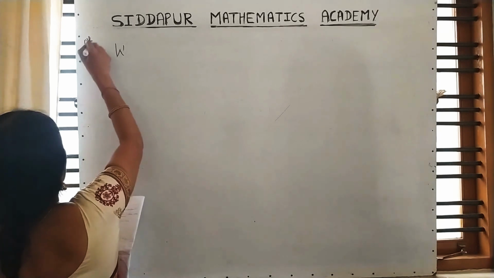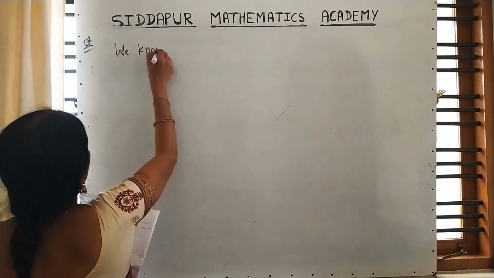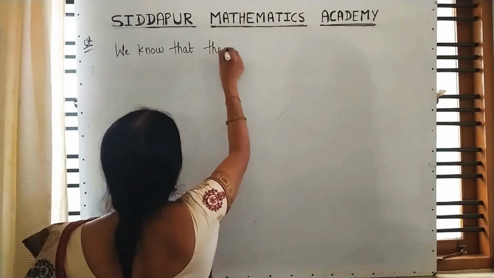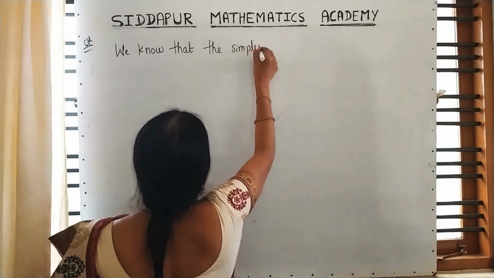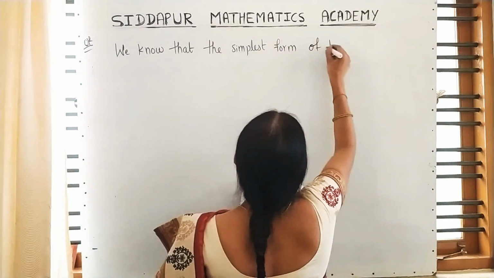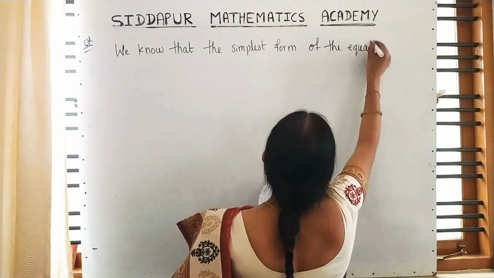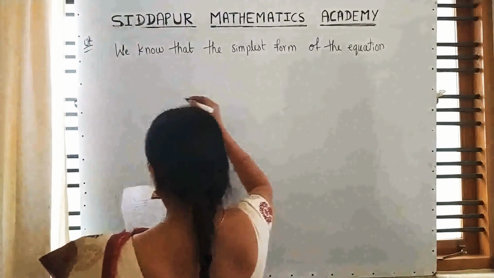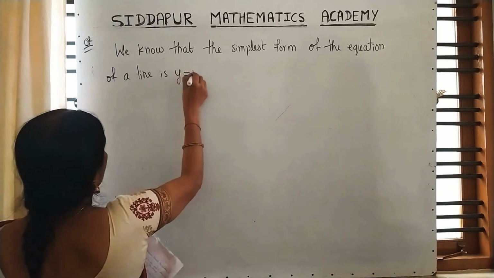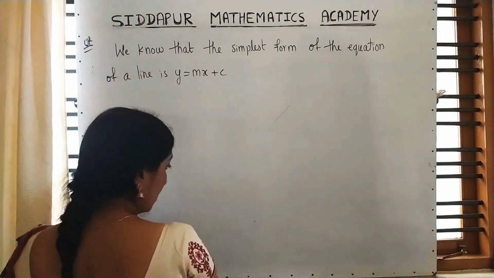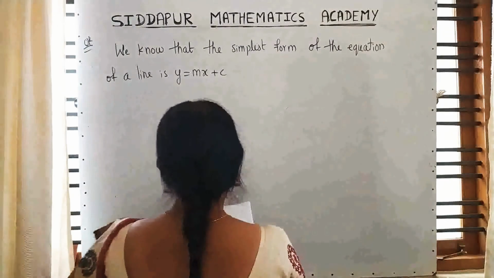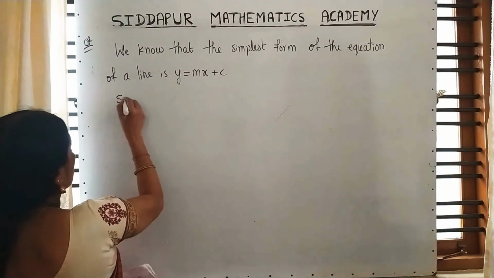We know that the simplest form of the equation of the line is y is equal to mx plus c, taking F along x-axis and K along y-axis.